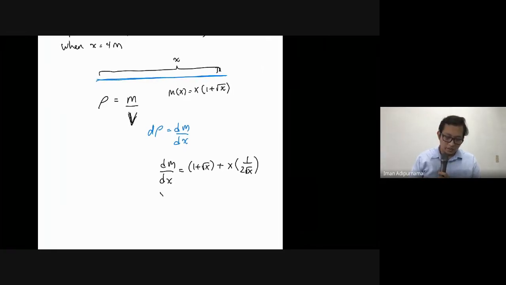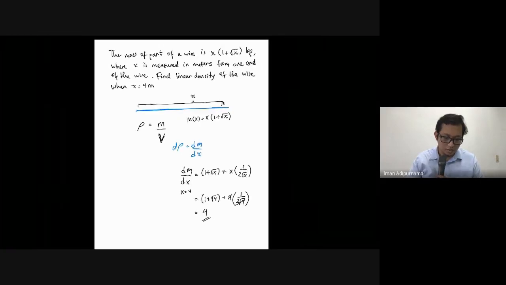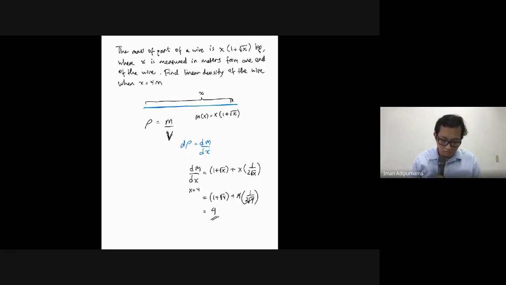And then when x is equal to 4, it's 1 plus square root of 4 plus 1 over 4. So 1 plus 2 is 3, plus 1 is 4. It should be kilograms per meter.